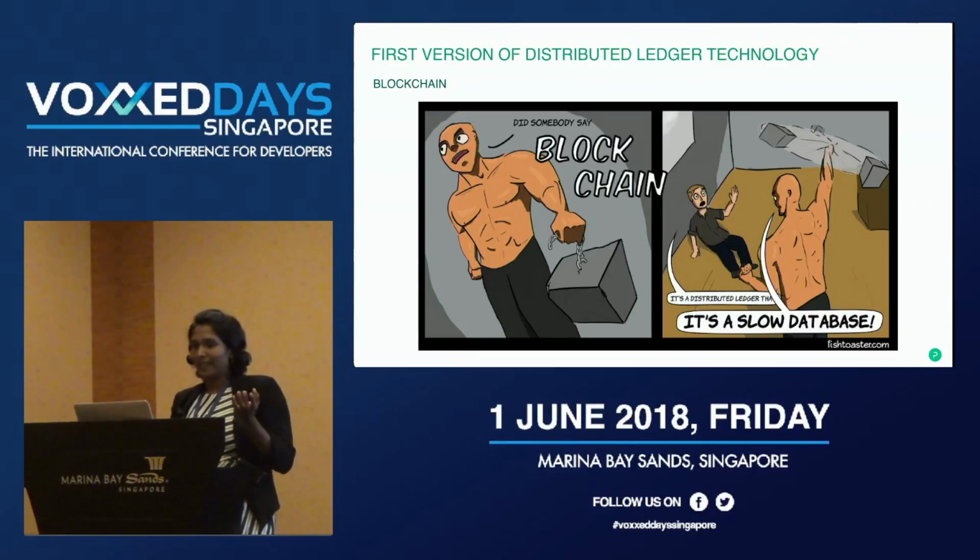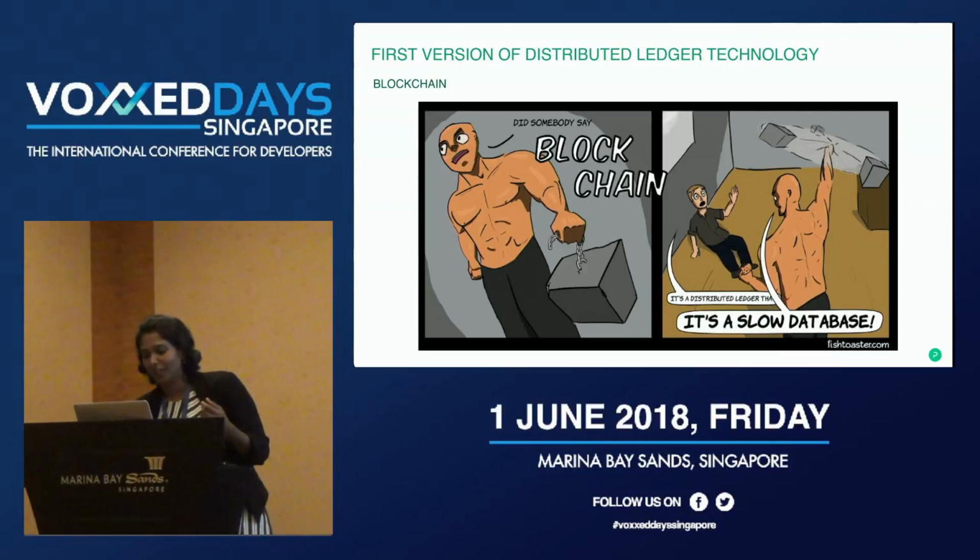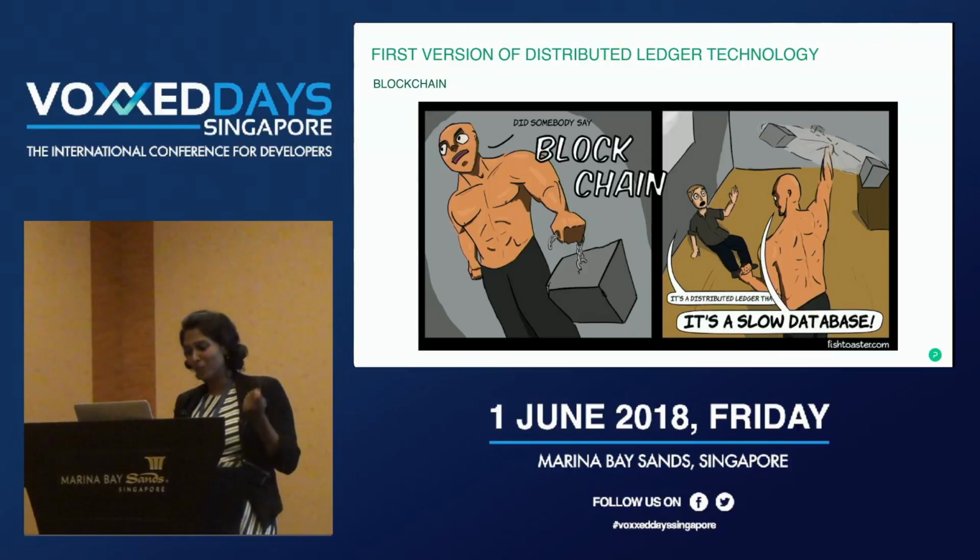This is, first of all, time consuming, and it also consumes a lot of server power. So this first version of decentralized system is not suited for real world applications that involve a lot of data to be processed per second.